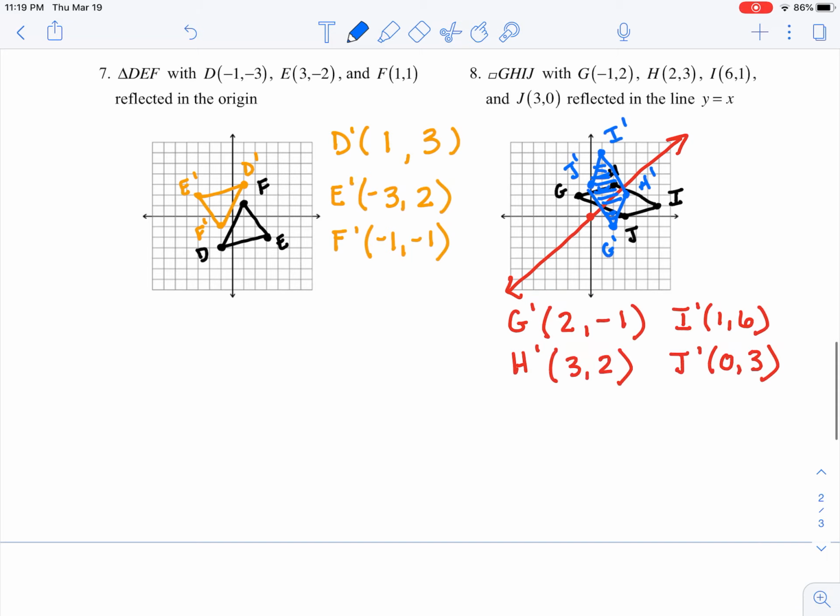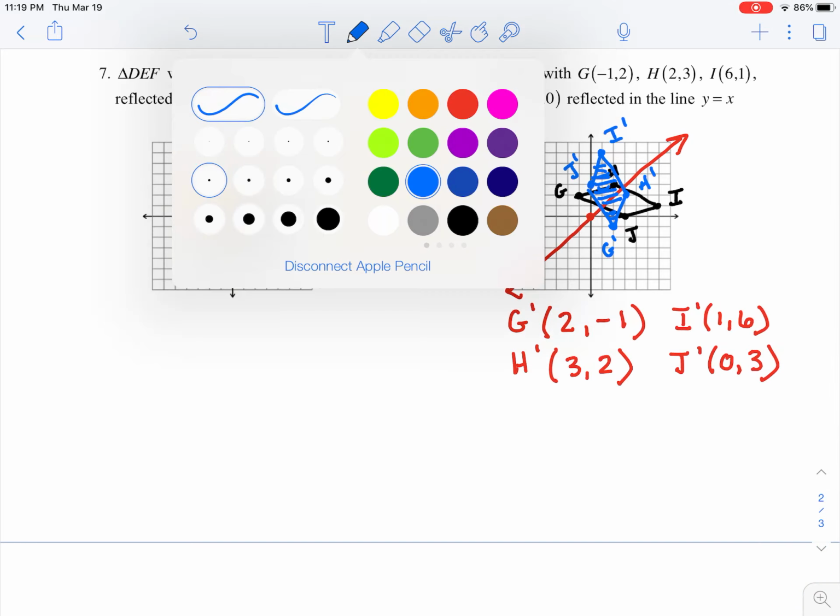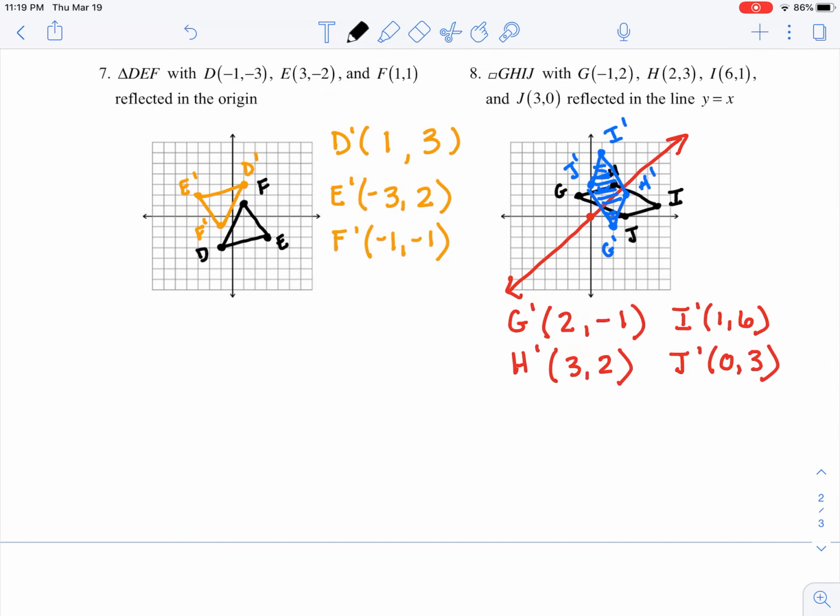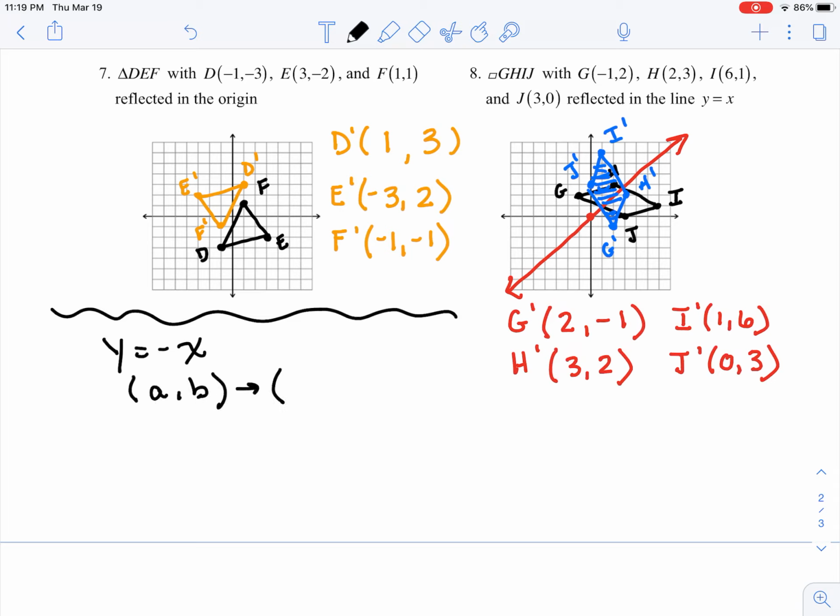I believe that there's one question in the homework tonight that asks you to perform a reflection over the line y equals -x. Even though that rule is not included on this note sheet, I just want to give you an idea of what that would be. When you reflect over the line y equals -x, your coordinates for each individual point, A, B, not only switch places, but they also switch signs.